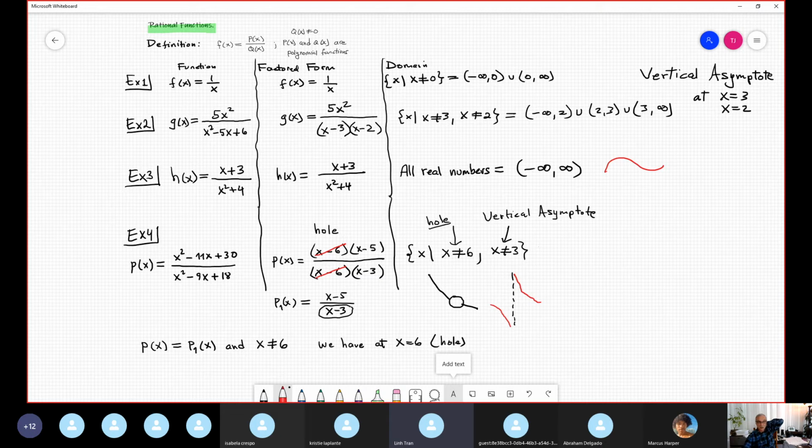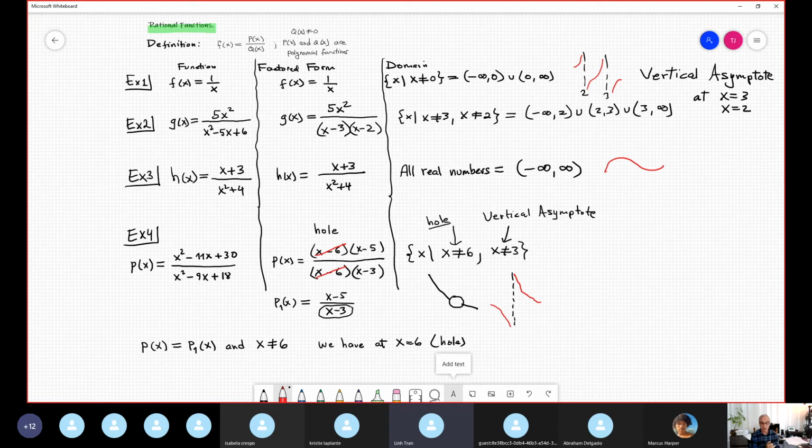No. Now we have two vertical asymptotes. One vertical asymptote at 2 and another vertical asymptote at 3. So I have no idea how the graph looks, but the graph approaches them, maybe. We're using Desmos to see this. But the thing I try to explain today is to be familiar with the things we expect to find.